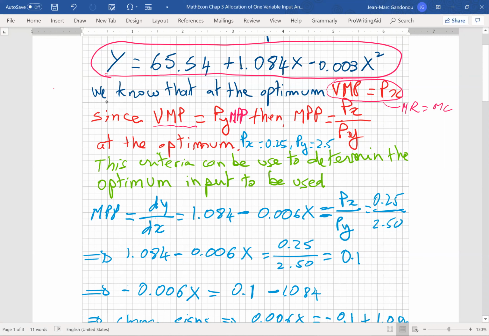And so usually we don't say value marginal physical product, just value marginal product, okay? So given that, marginal physical product here, of course, is equal to PX. And so I take marginal physical product equals PX divided by PY.